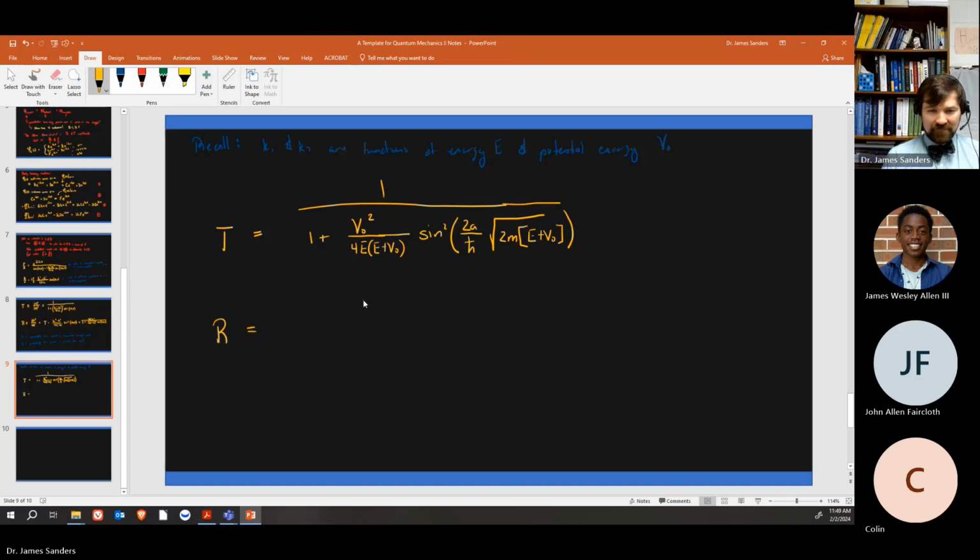R is equal to 1 over 1 plus 4E(E plus V naught) over V naught squared, times sine squared of (2a over h bar) square root of 2m(E plus V naught).